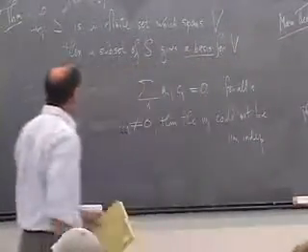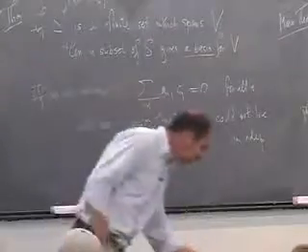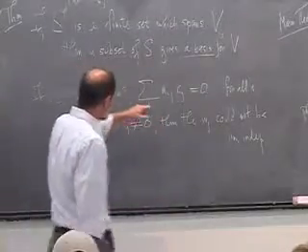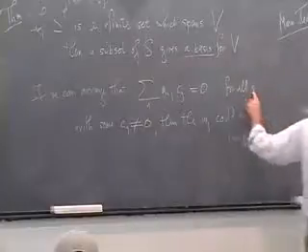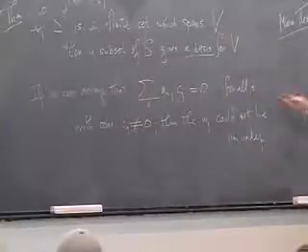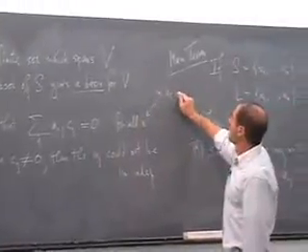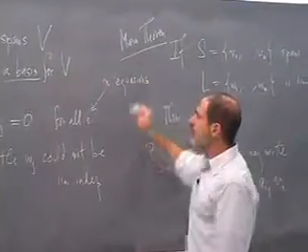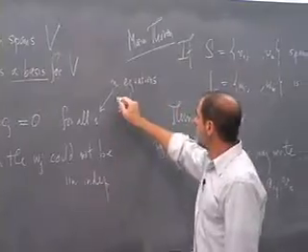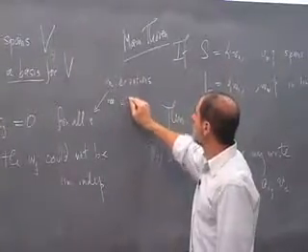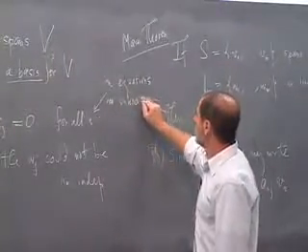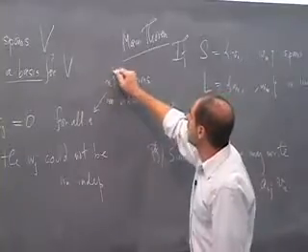Now, can we arrange that? Well, let's think of what this is. The i's go from 1 to n, so this is n equations. And we're trying to solve for the cj, so that would be m unknowns. They're actually linear equations.